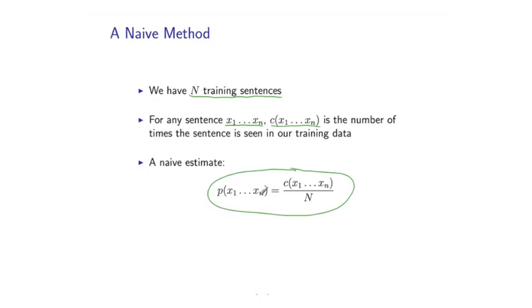And we know that we're continuously seeing new sentences in a language, so this model really has no ability to generalize to new sentences. So the most important question in this lecture is essentially, how can we build models that improve upon this naive estimate, and in particular models which generalize well to new test sentences?